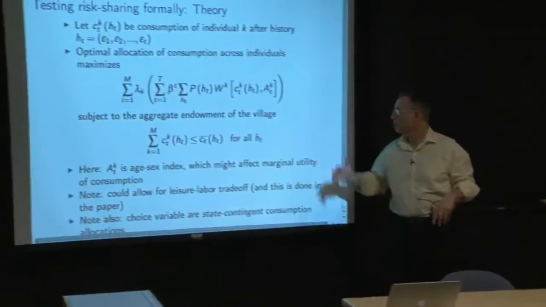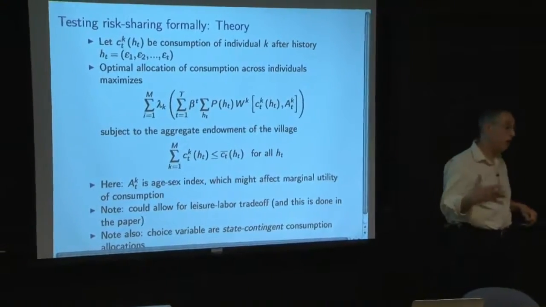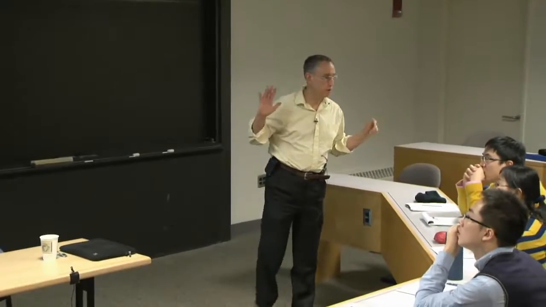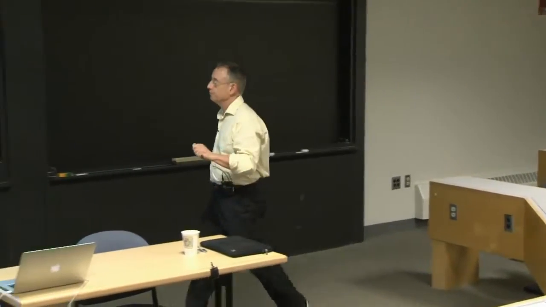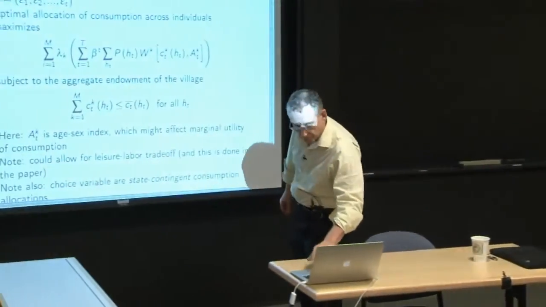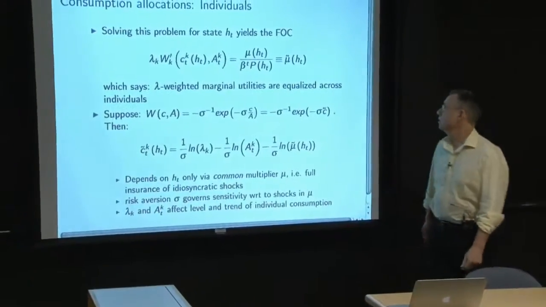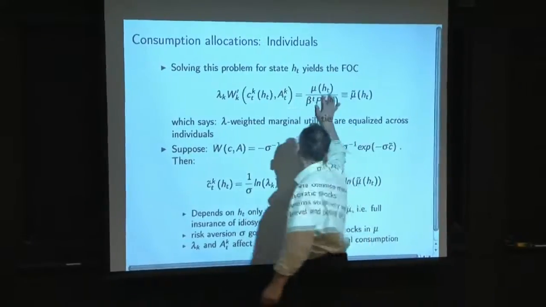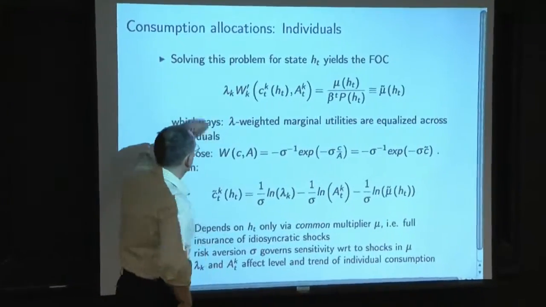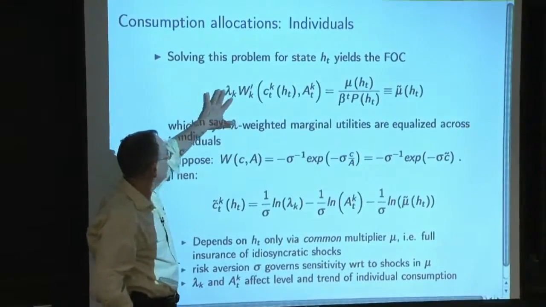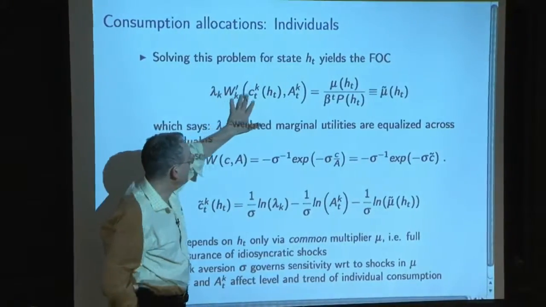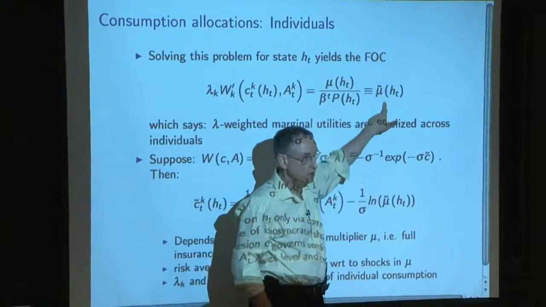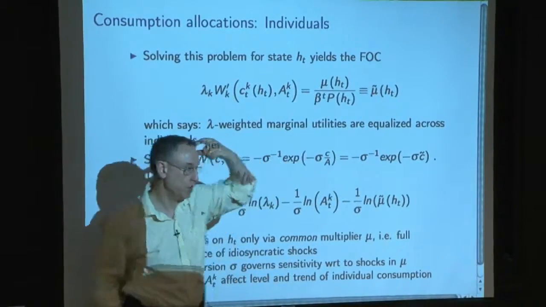A complete enumeration of everything, and not just crops, but babies and deaths and the whole demographic structure. Taking that derivative, you'd get a beta-discounted, probability-weighted, lambda K-weighted marginal utility, and everyone's marginal utility is being equated to this common Lagrange multiplier.